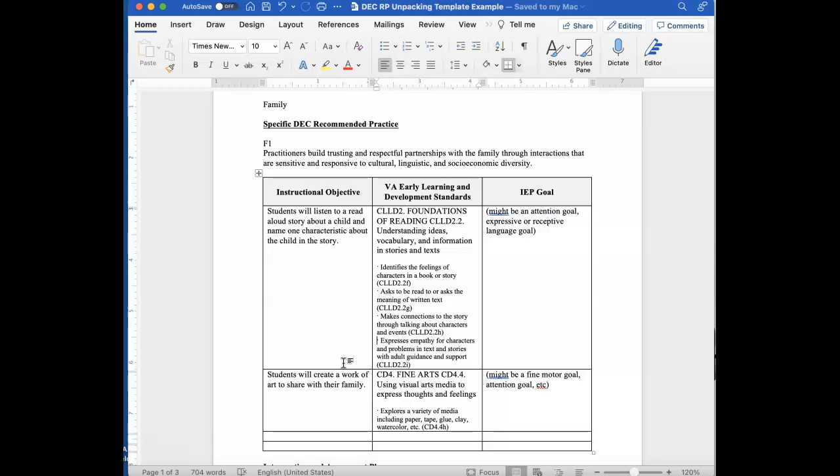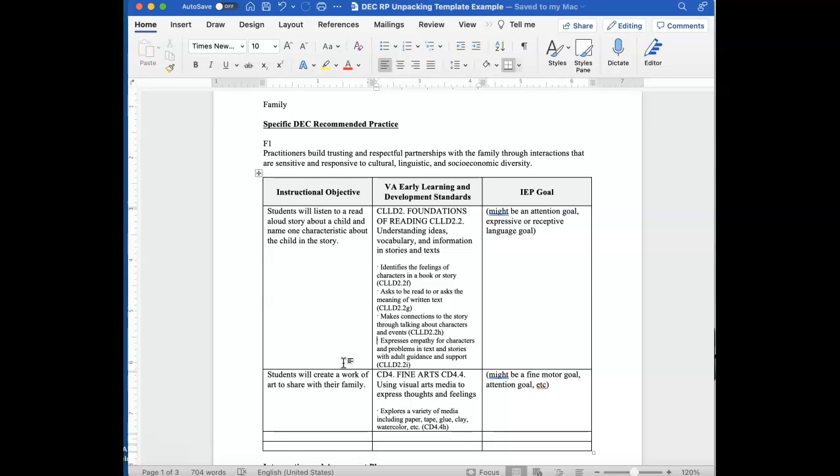I'm going to do a read aloud, and then I'm going to have each child name one characteristic about a child or a character in the story. And if I'm thinking about building relationships with families, I want families to be comfortable about what their kiddos are doing when they're with me, and I want them to feel that safety and that trust.